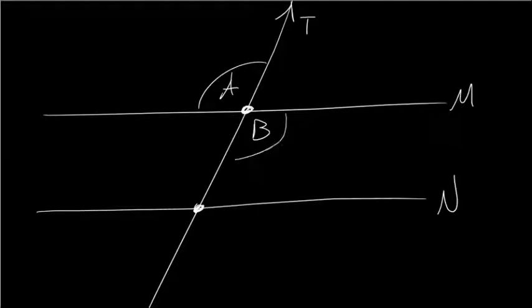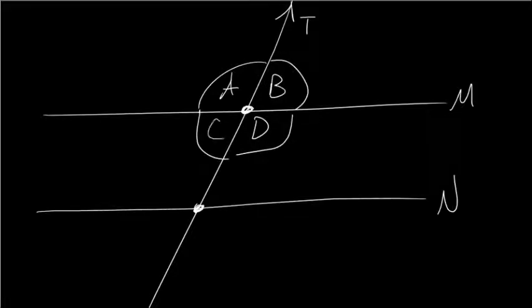So here's my transversal, T. We'll call this line M, this is line N. Now, if A equals B, okay, so this is A, actually, that wouldn't be B. That would be D. If A equals D, let me go ahead and get these going, and then I'll color code and circle and tell you what I'm talking about.